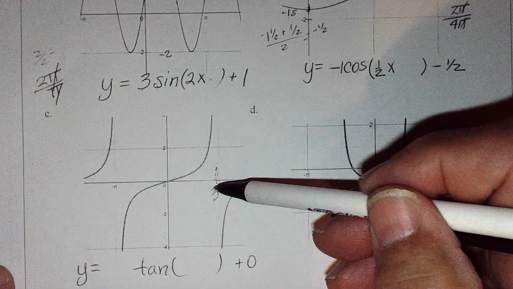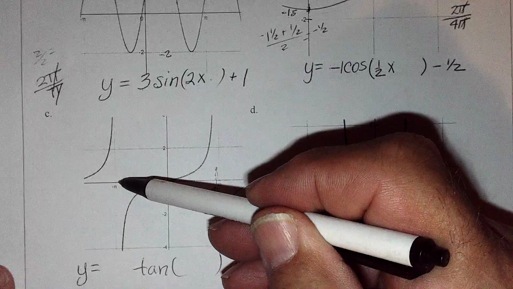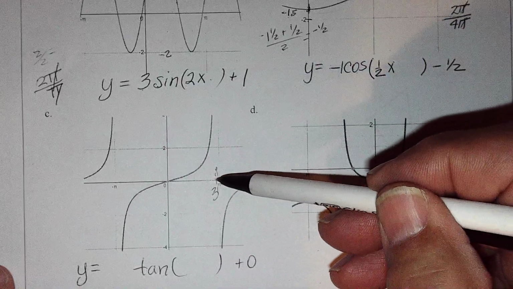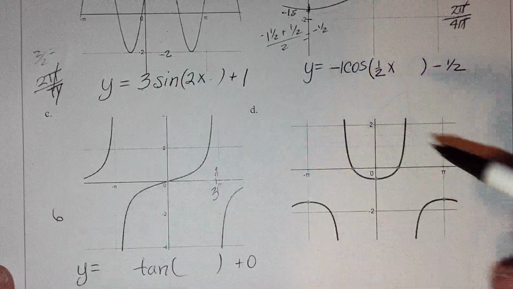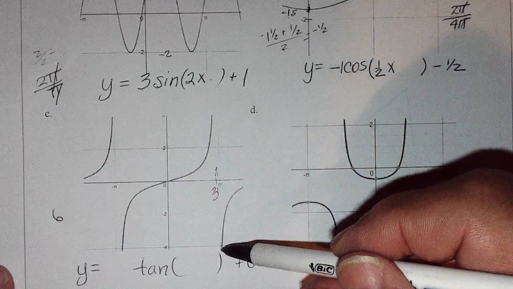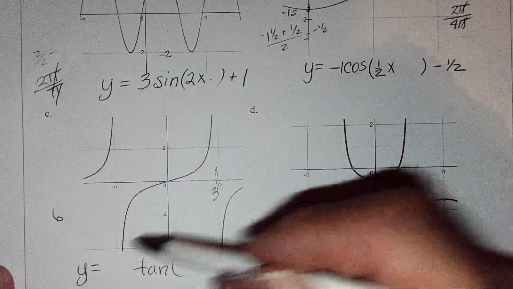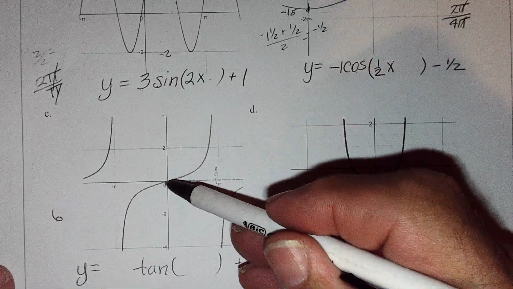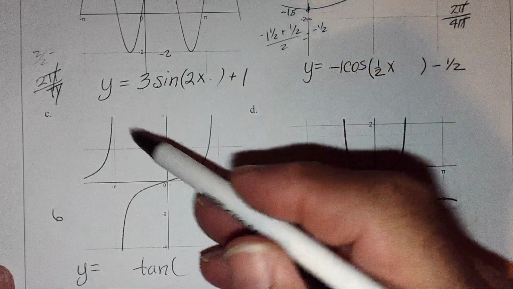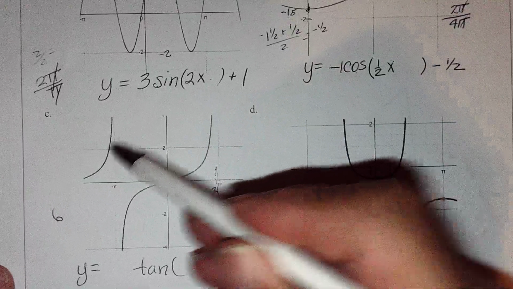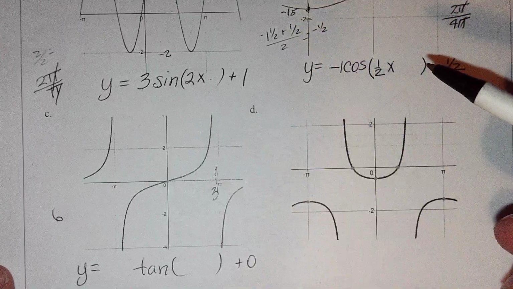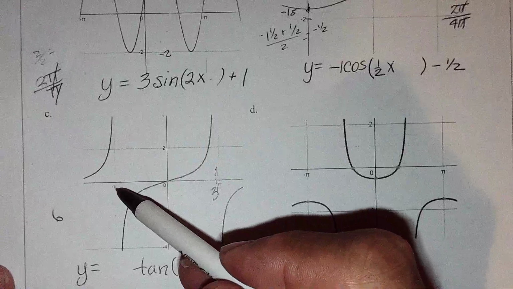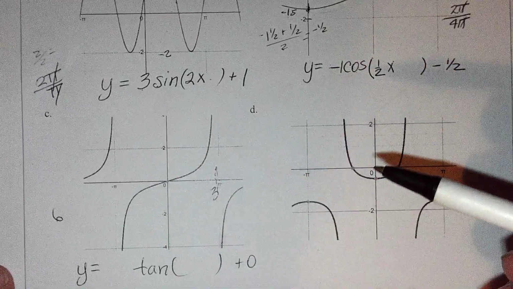So the period appears to be from -3 to 3, or 6, before it starts to repeat itself. From here to here is 6, or from there to there is about 6.